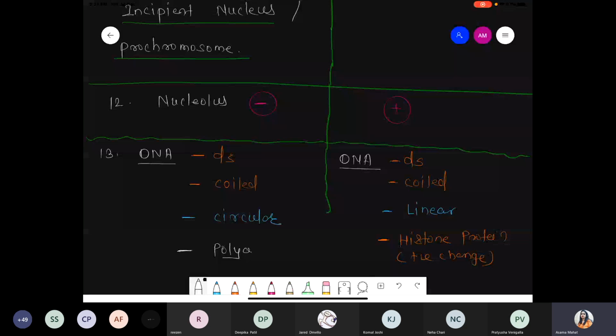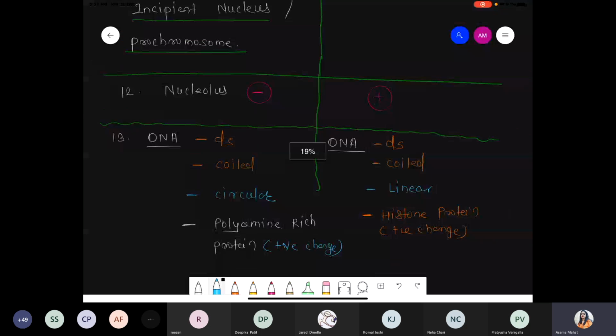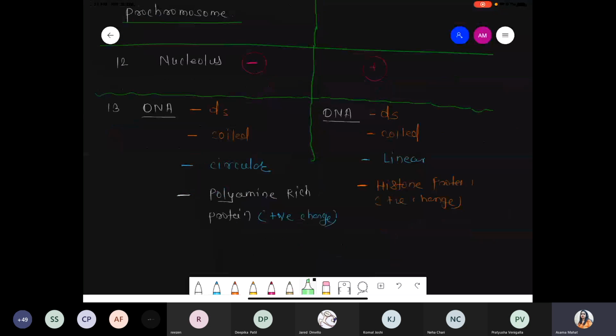But the common characteristic is that again it has a positive charge, because the DNA has a negative charge. For the packaging process, we require positively charged protein which helps during packaging. Okay, so difference with respect to two parameters: number one circular versus linear, number two what kind of proteins are present. That's it.